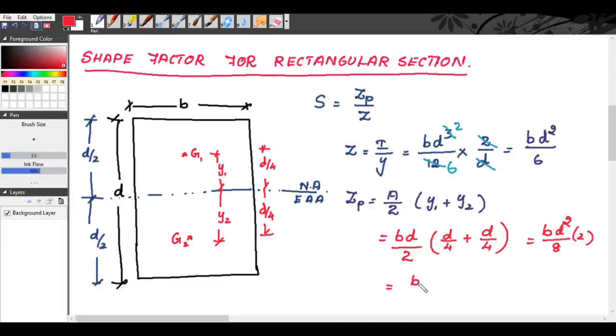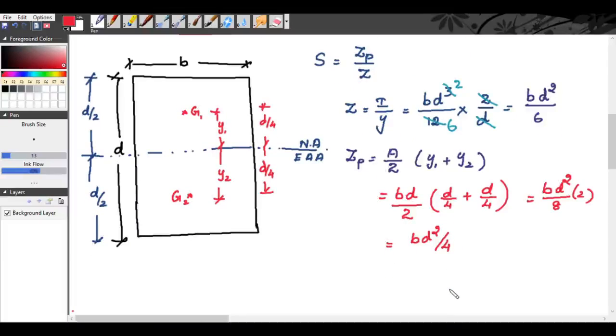So we get BD square by 4, which means the plastic section modulus for a rectangular section is BD square by 4. Now ZP by Z is equal to ZP, BD square by 4, into 1 by Z. Z is BD square by 6. So we get the shape factor for a rectangular section is 1.5.